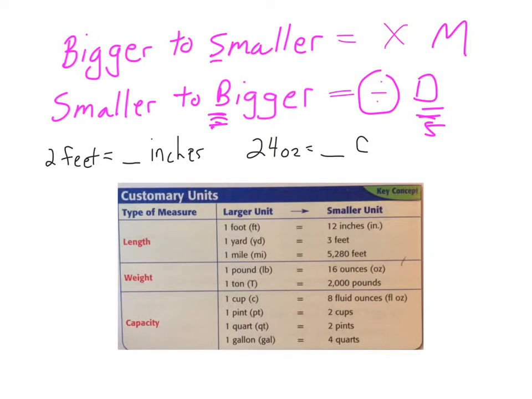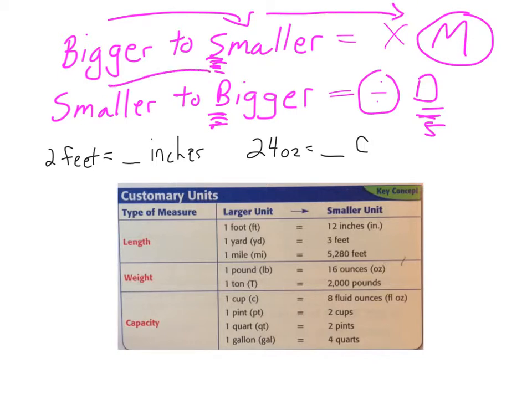Then bigger to smaller, S and M are closer to each other than S and D would be. So bigger to smaller, I multiply. When I go smaller to bigger, B is very close to D, I divide. So try to remember that, and that's going to help you. Or even if you wanted to write this on the top of your assignment page today to remind yourself, you can do that.